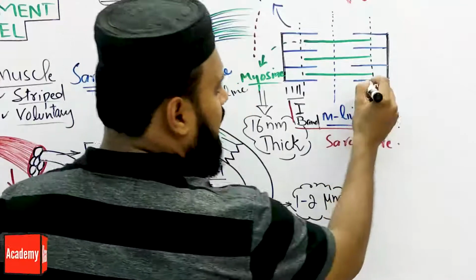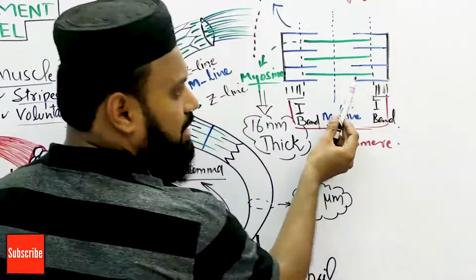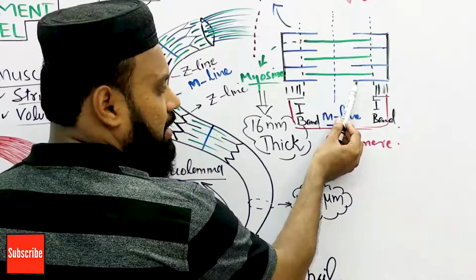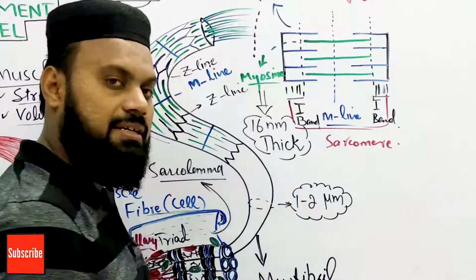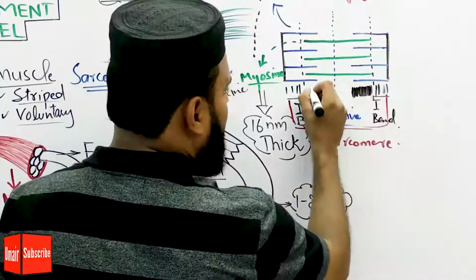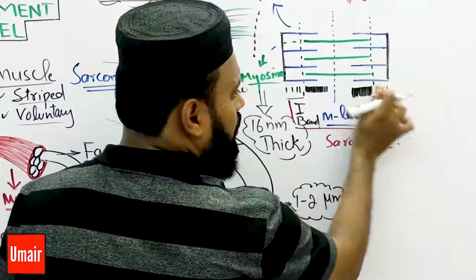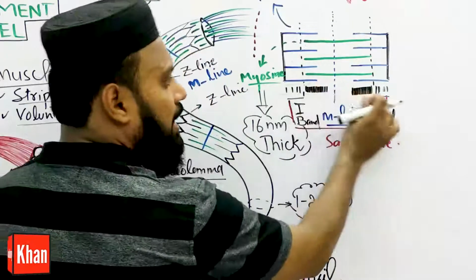Now we come to the middle section. In the middle section, as you can see, there are actin and myosin. One actin is surrounded by 6 myosin, so it is a very dark part at both sides. Now you come to know that there is a dark as well as a light part.